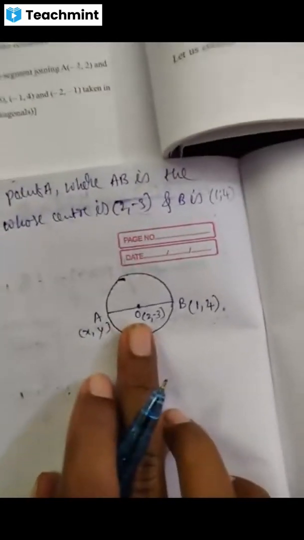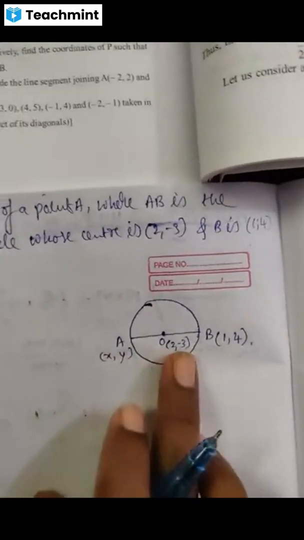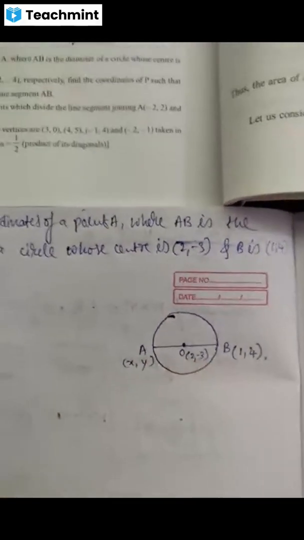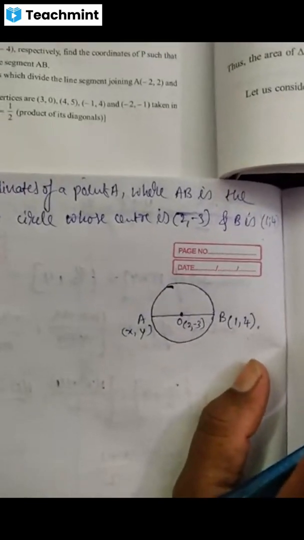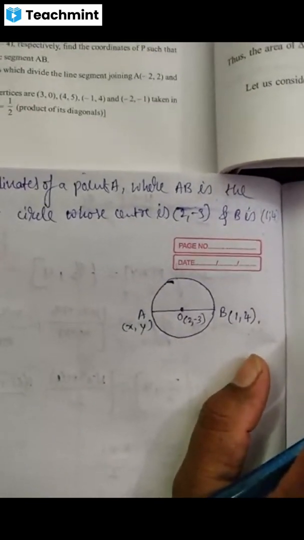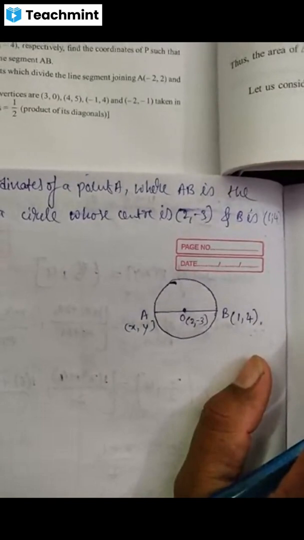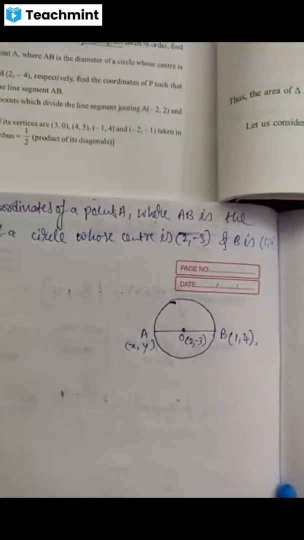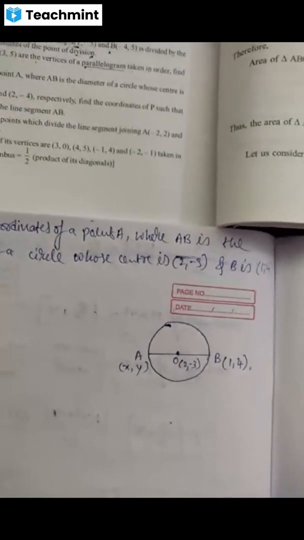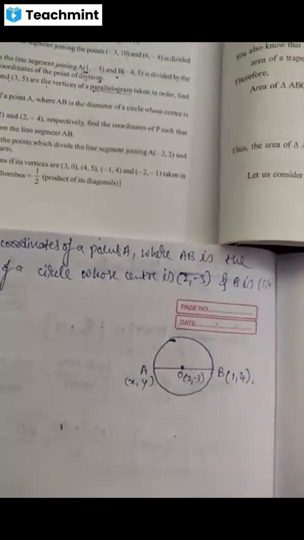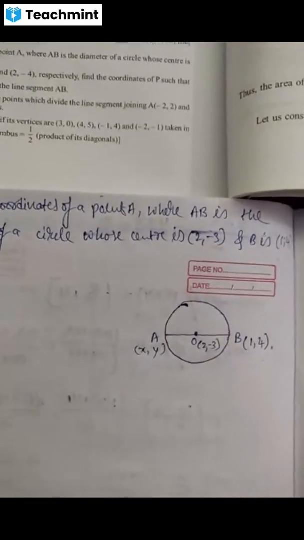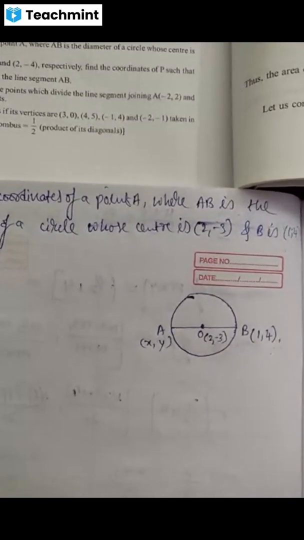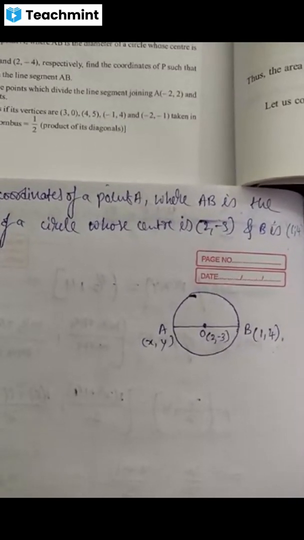Then what is the relation between OA and OB? Radius.